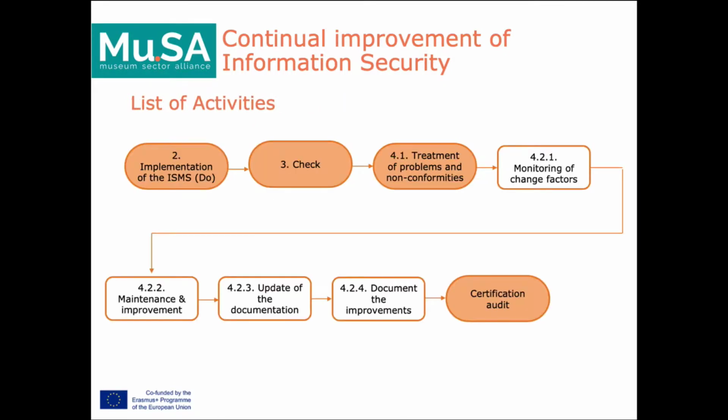And then we have the list of activities included in the proposed methodology with the corresponding input and output. On the input side, we have the ISMS implemented and all the information obtained from the information security management activities. The activities are continuous monitoring of change factors, maintenance and improvement of the ISMS, continual update of the documentation and records, and documenting the improvements.